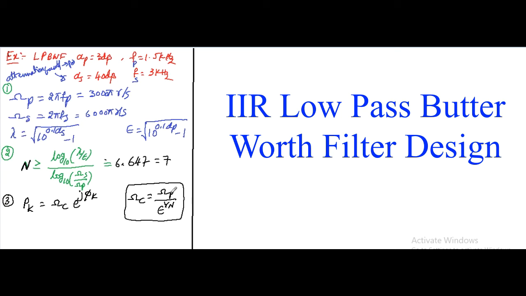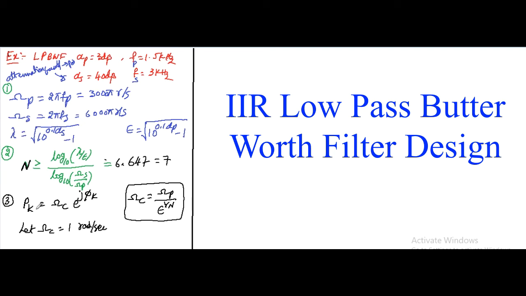Here I wrote omega p, the passband frequency, that's why I am using the epsilon parameter. If you want the exact cutoff frequency, use this formula and substitute the given values. For easy calculation purposes, here I am assuming omega c is equal to 1 radian per second. This is an assumption, but for an exact analysis we must find the cutoff frequency.